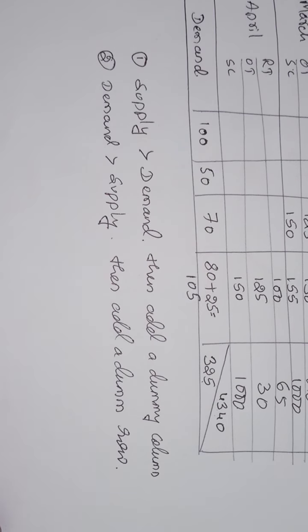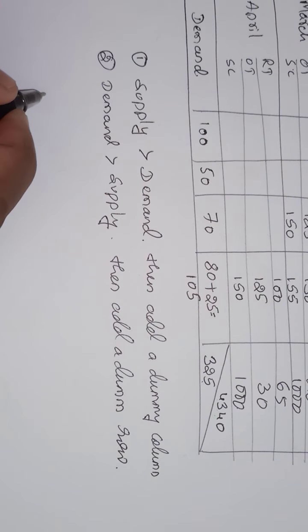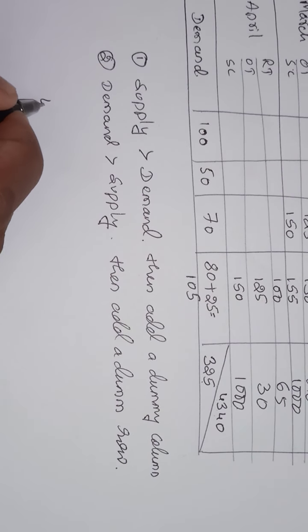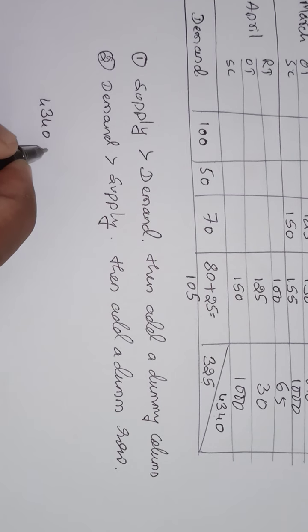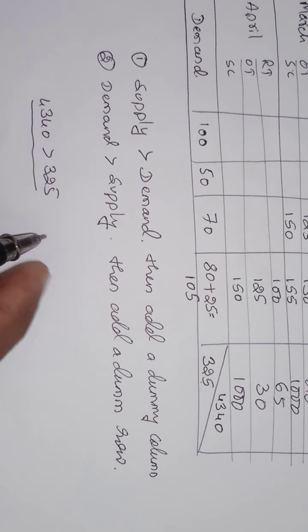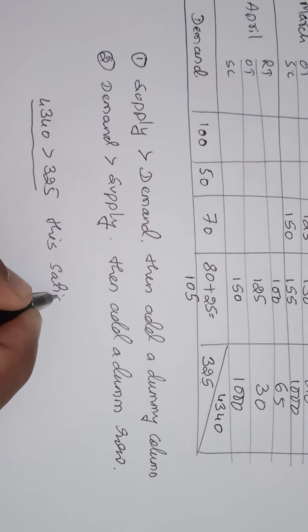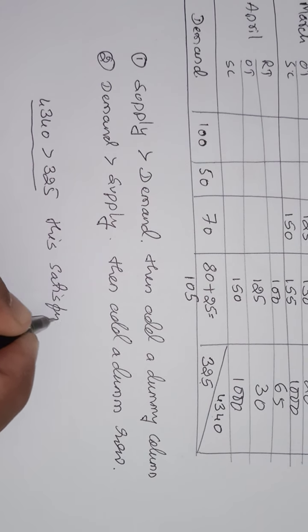In this case, if you see this row here, supply is 4340, and demand is 325. So this satisfies condition 1.